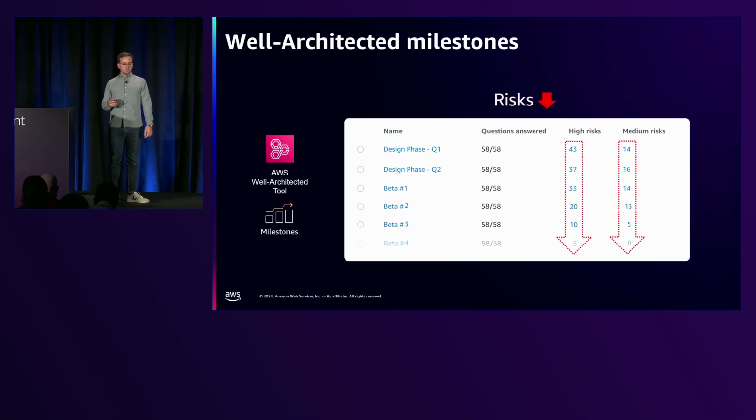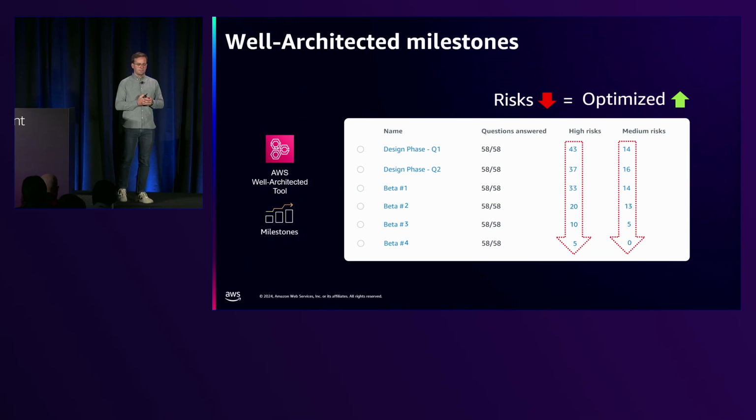You will track the improvements. You see that it's easy to go back, review what's changed in your architecture or within your applications, and you can share the learning across the teams. And for sure, you will have fewer risks. You will be more optimized. That's where we all want to go.